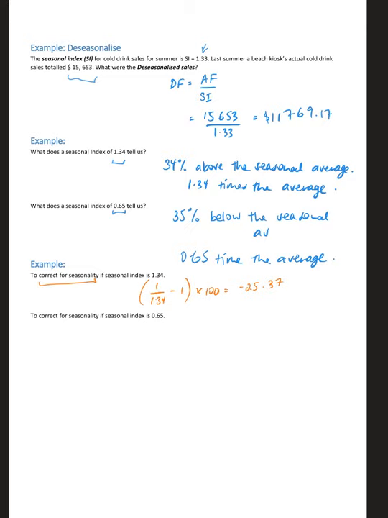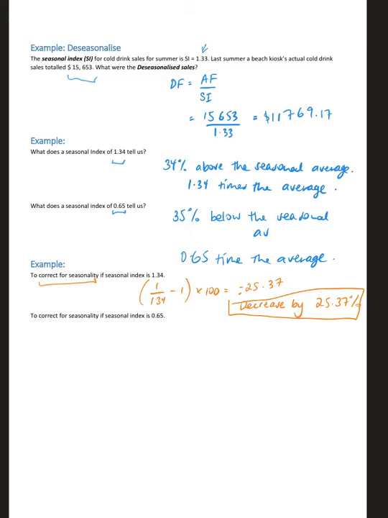So the answer is decrease by roughly 25.37%. If this is an exam question and it's not a multiple choice, while this is helping you work out if you're decreasing or increasing, make sure you don't put the minus in there. The minus is just a little equation that I've put together to help you work out which way to adjust for seasonality. So this is the actual answer.